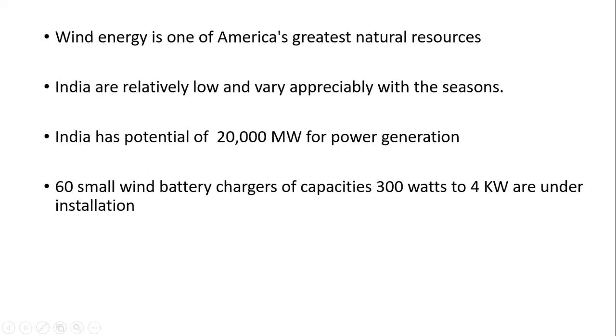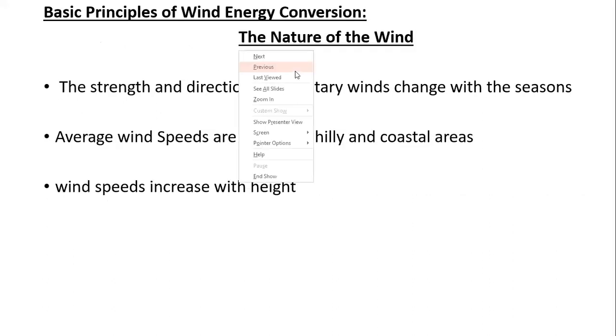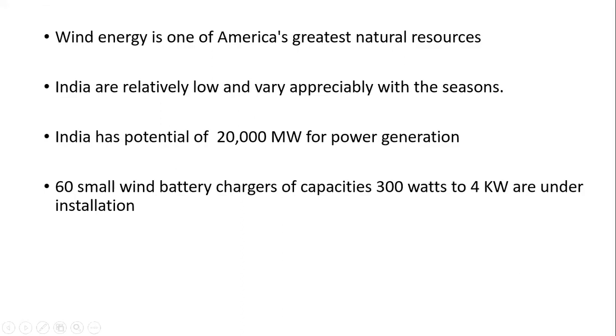This wind energy, though it is being developed in developing countries, is one of America's greatest natural resources. The US government planned for installation of wind turbine generators with a total capacity of 1 gigawatt, planned for 1985 only.